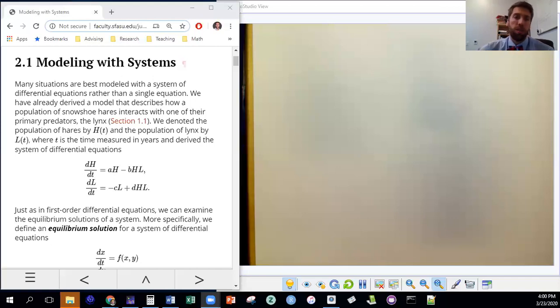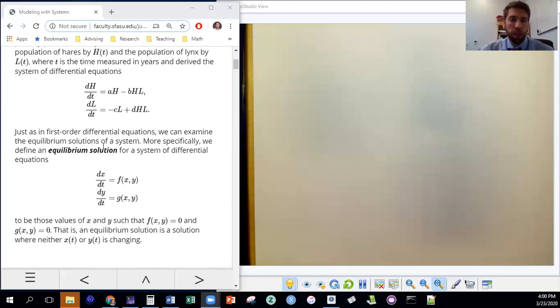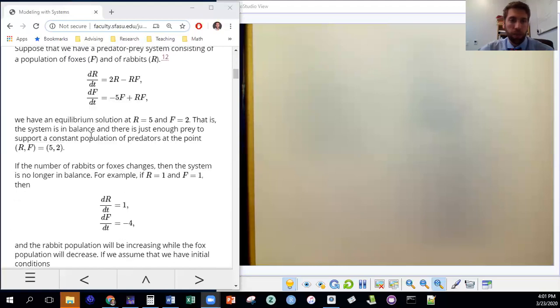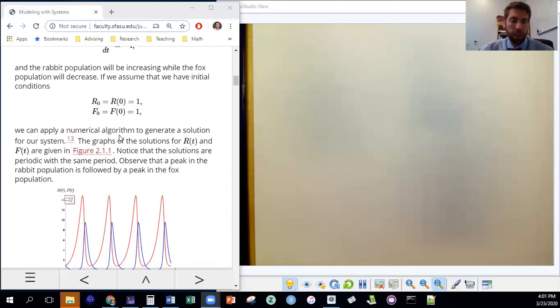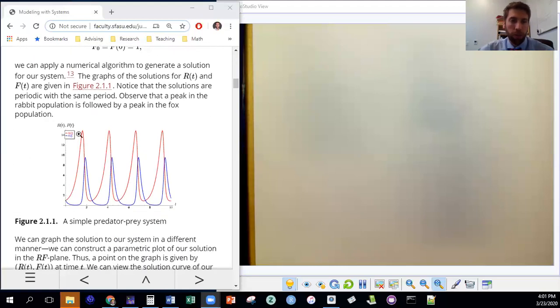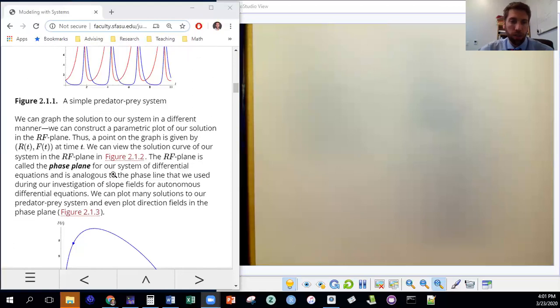So the book starts with this predator-prey model, and they talk about rabbits and foxes. The population of rabbits goes like this, and the foxes go right up after them, and then the rabbit population crashes, and the fox population crashes.